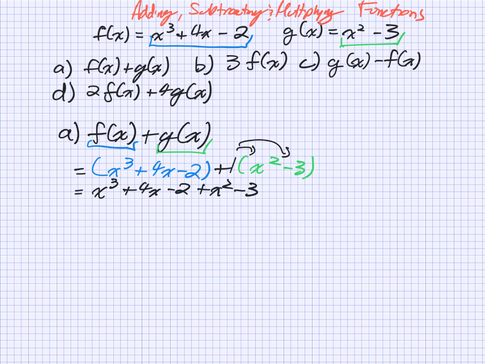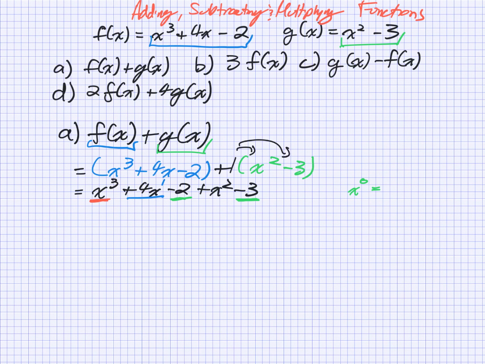The next step here is just collecting our like terms. x cubed is the only variable to that power, so that's the only term like that. 4x is a variable to the power of 1, and actually it's the only one like that too. Negative 2 is a constant, so we look for other constants. Think of them as values without variables, or if it makes it easier for you, think of them as variables to the power of 0.